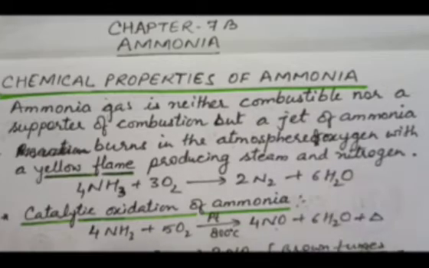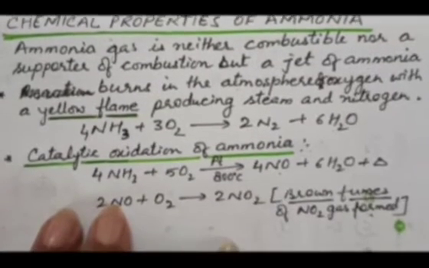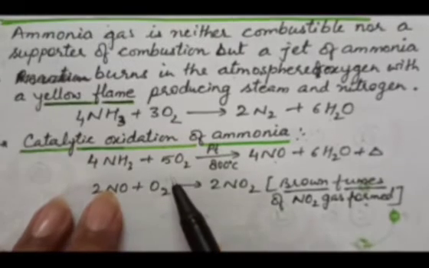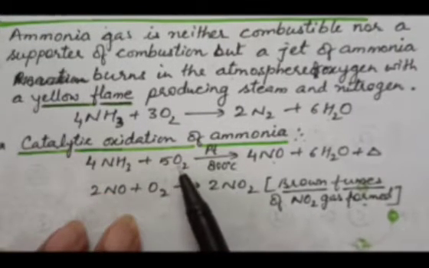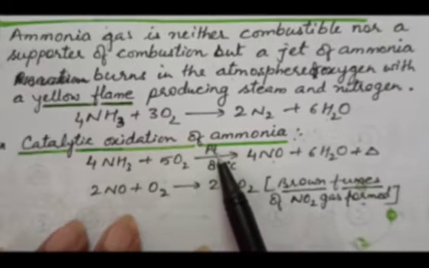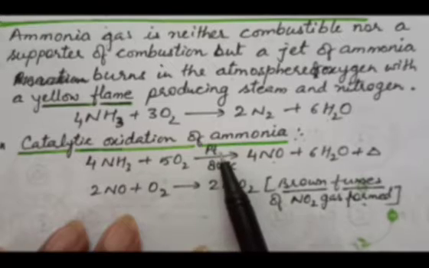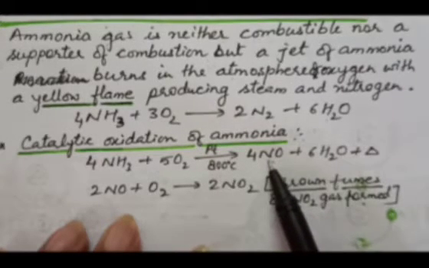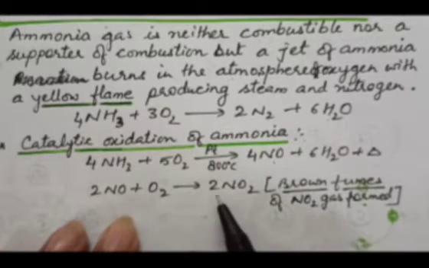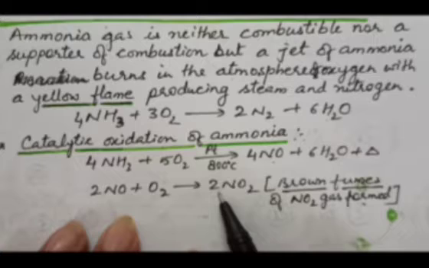But if dry ammonia gas and oxygen mixture is passed over heated platinum placed in the combustion tube, then first colorless nitric oxide is formed, which on further oxidation gives brown fumes of nitrogen dioxide gas.